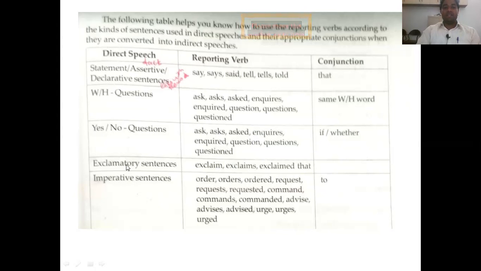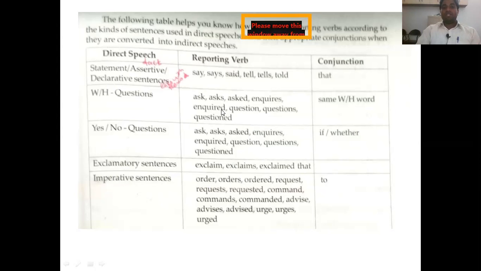And finally, we move on to direct speech as exclamatory sentences. We can say the reporting verbs exclaim, exclaims, exclaimed, and the conjunction that. These are the reporting verbs which are used for direct speech as exclamatory sentences. Next, we move on to imperative sentences as direct speech.